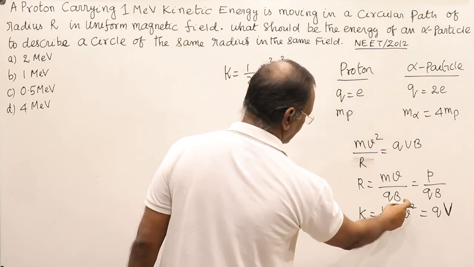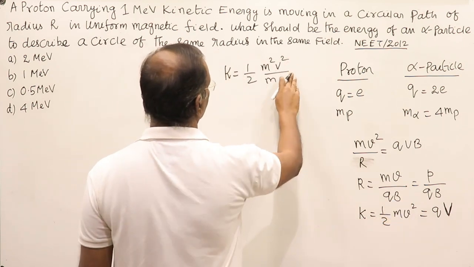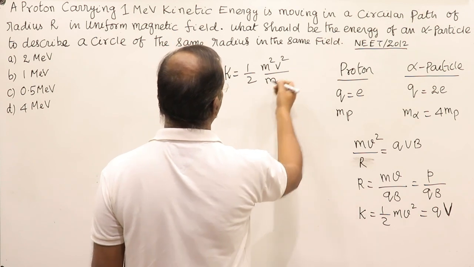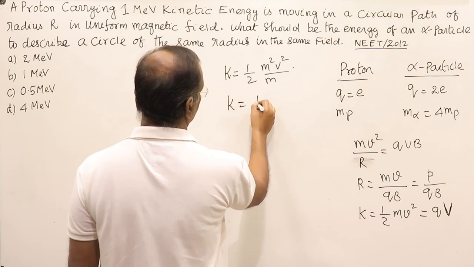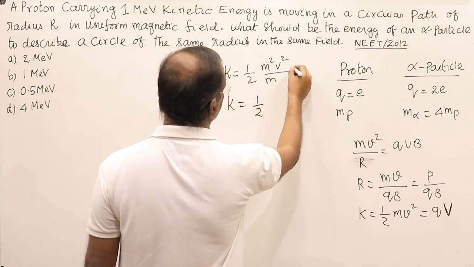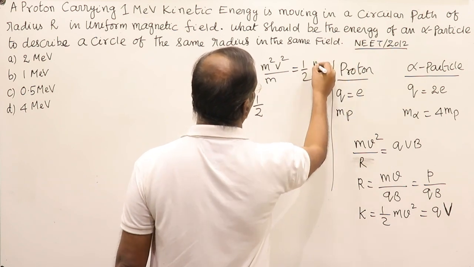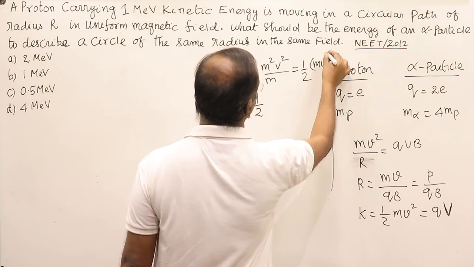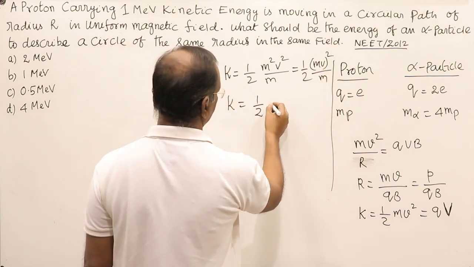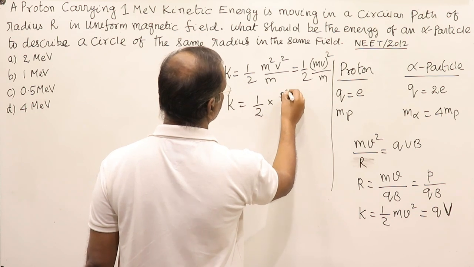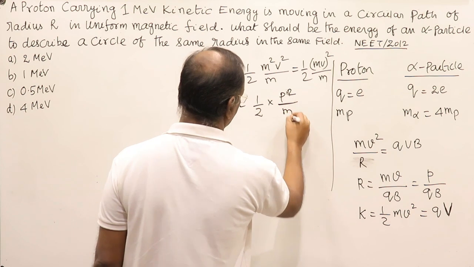Multiplying numerator and denominator by m, K is equal to half of mv whole squared by m, which is equal to half p squared by m, as we have done earlier also.